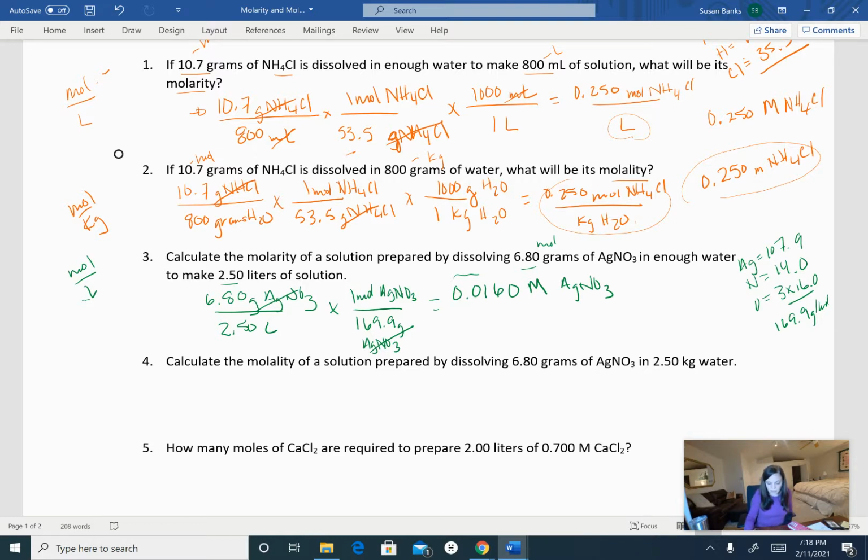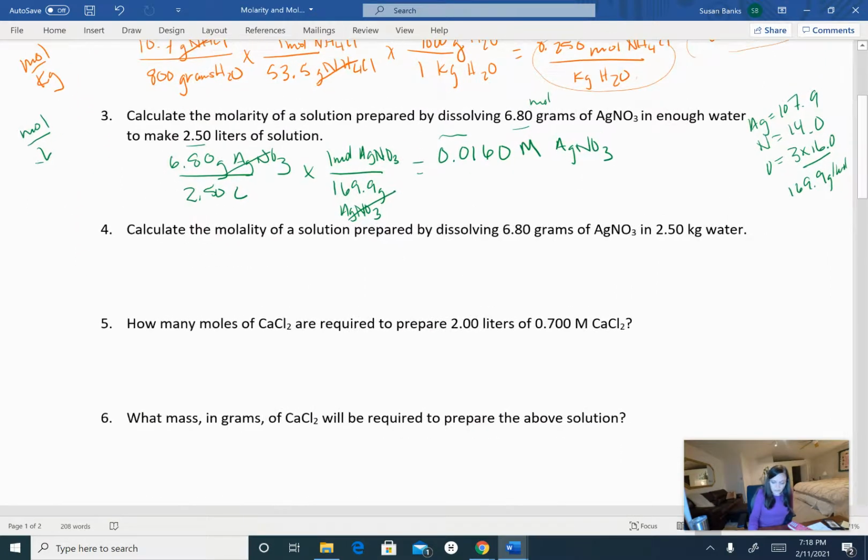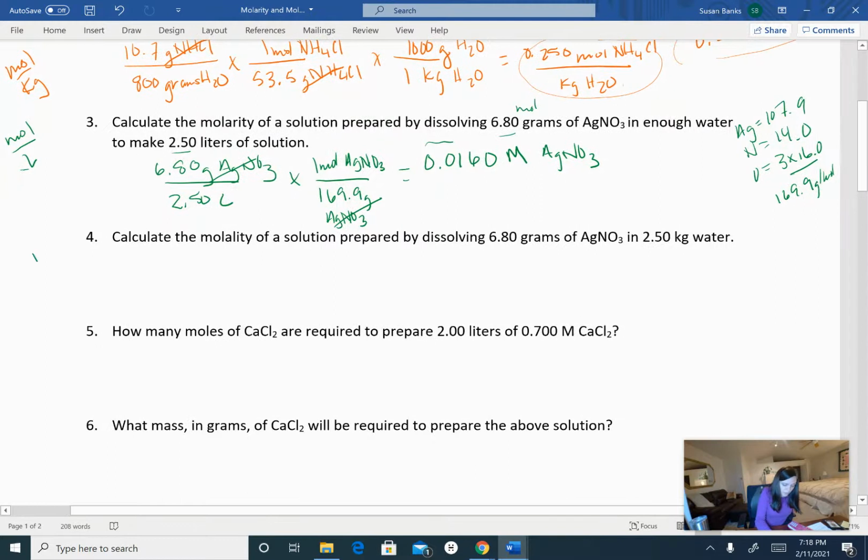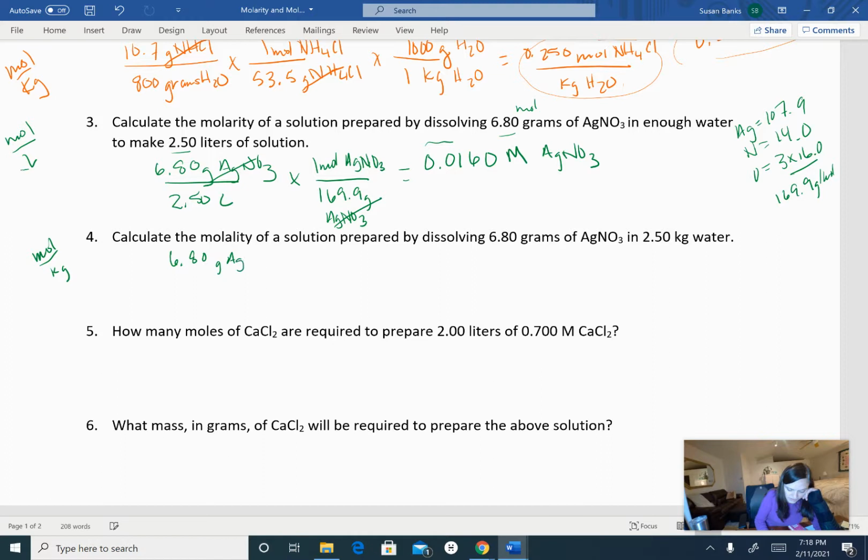Now let's see if I can do this for molality. Now molality, once again, we're looking for moles per kilogram, okay? So I have 6.8 grams of silver nitrate, and I have 2.50 kilograms of water. Notice my kilograms of water are already done, so I really only have to convert my silver nitrate.